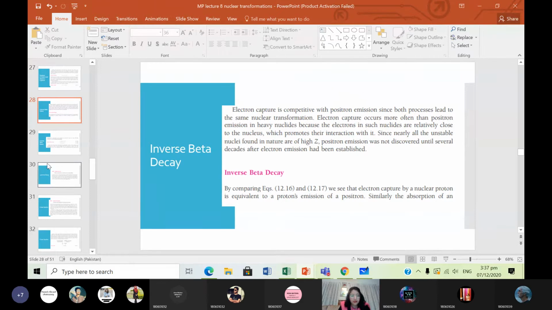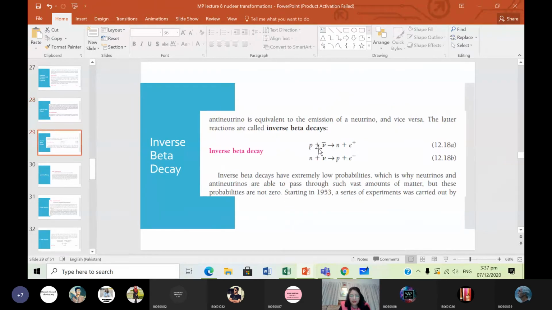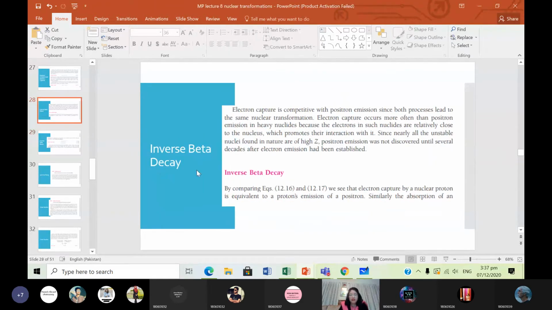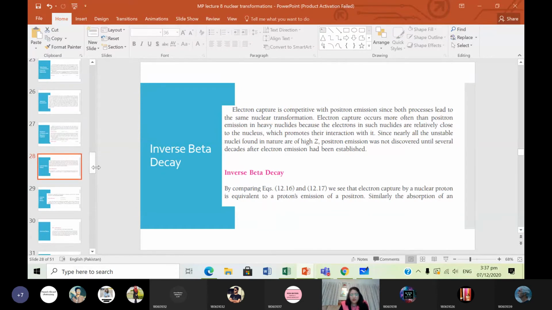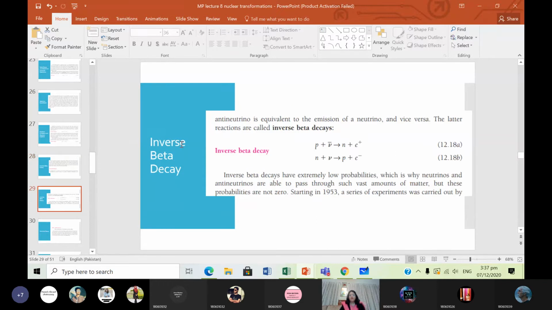Okay, now we will talk about inverse beta decay. We see that electron capture by a proton is equivalent to a proton's emission of a positron. Electron capture by a neutron is similar absorption. In inverse beta decay, the absorption of an antineutrino is equivalent to the emission of a neutrino and vice versa.